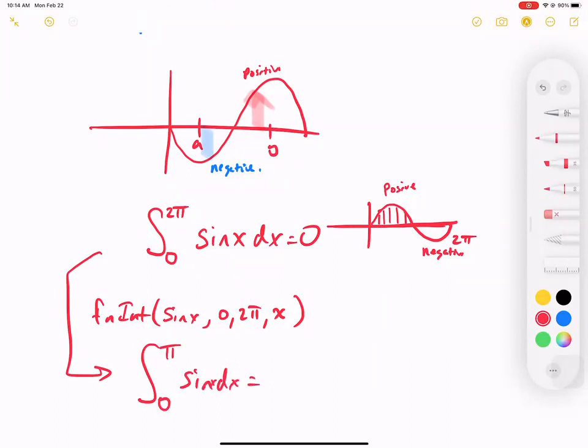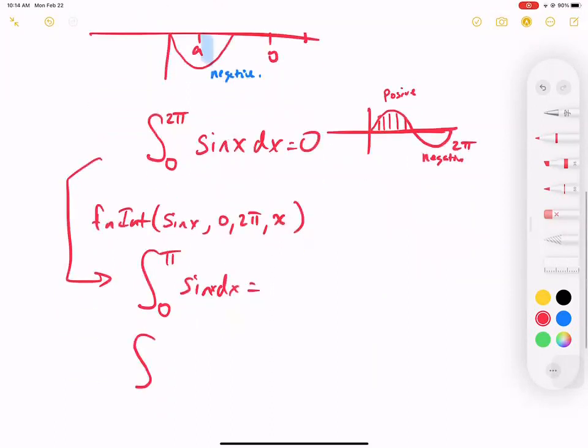And then do one more for me: the integral from pi to 2 pi of sine x dx. Okay? So go ahead and do those things.